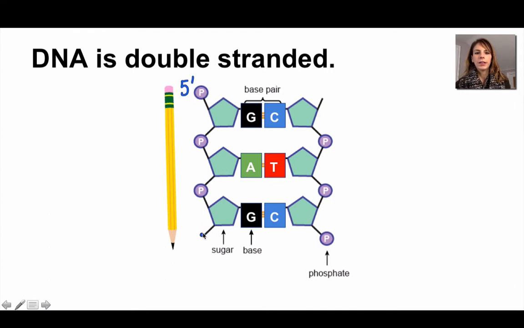And at the other end, it's got a free hydroxyl group, and this is the 3' end of the strand. If you look at how the strands are oriented relative to each other, they're flip-flopped. If we use our pencil example, the tip could be the 3' end, so that the tip over here is actually upside down relative to the other strand.